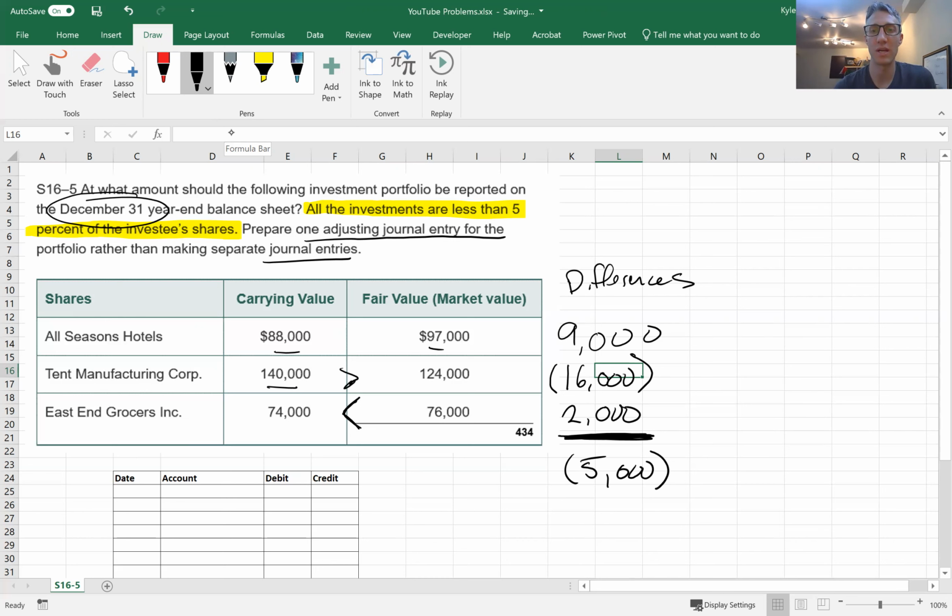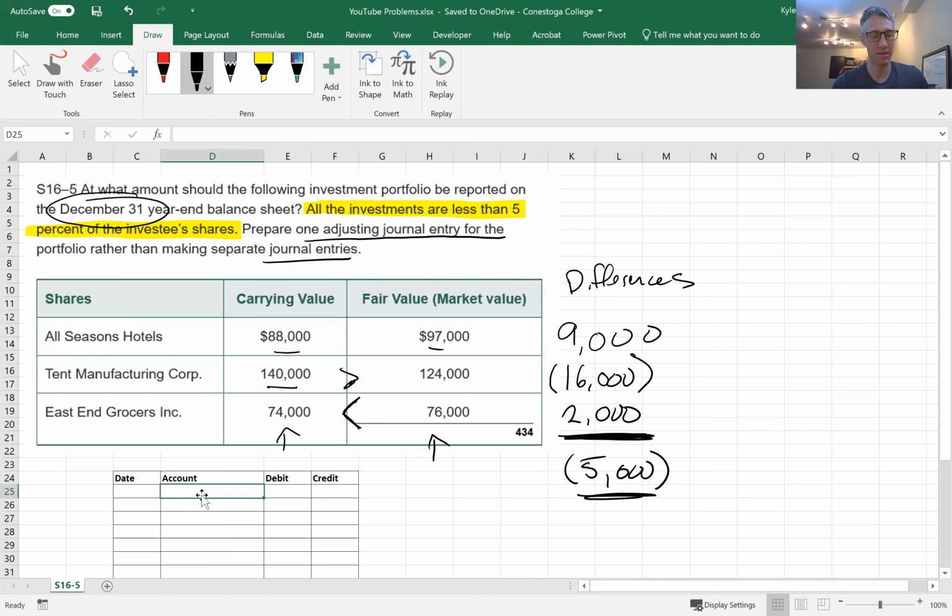Between all three of these shares, there is a negative $5,000 difference between the carrying value and the market value. So we need to lower our balance sheet by $5,000 overall to get these to match. Since we haven't sold these yet, this is going to be what's called an unrealized loss.